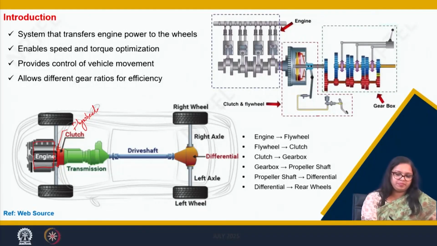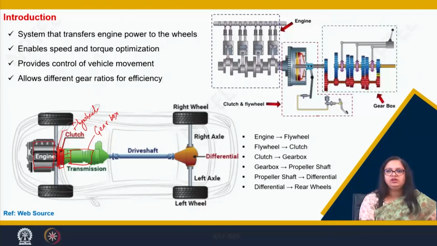From there, another component called the clutch gets engaged with the flywheel and transmits the power to another component called the gearbox. Again, the gearbox can be a manual transmission kind, or it can also be an automatic transmission kind.